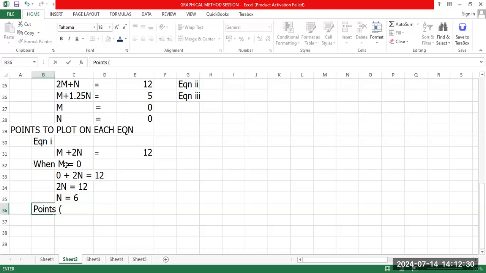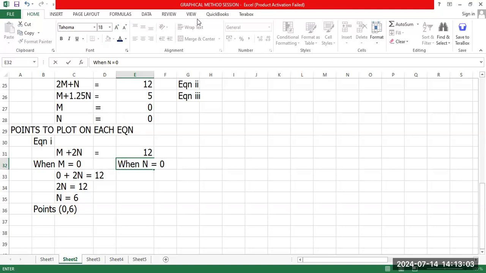So points to plot. Remember, the first point you put should be on the horizontal axis. So we are saying it is 0, and 0 is what? 6. So on the horizontal axis, we will stand where we have 0. Then on the vertical axis, we look for where we have 6. Then we also say when n is equal to 0. This is just your assumption.